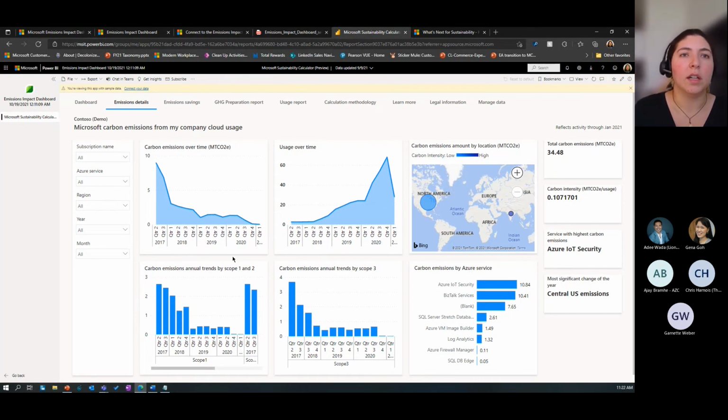The most interesting thing here is this map view over here. The size of the circles that you're seeing are actually the amount of emissions that are coming from that region. One disclaimer to clarify, because we've gotten this question before. It's a map. If you zoom in or click through, you're going to find latitude and longitudes.